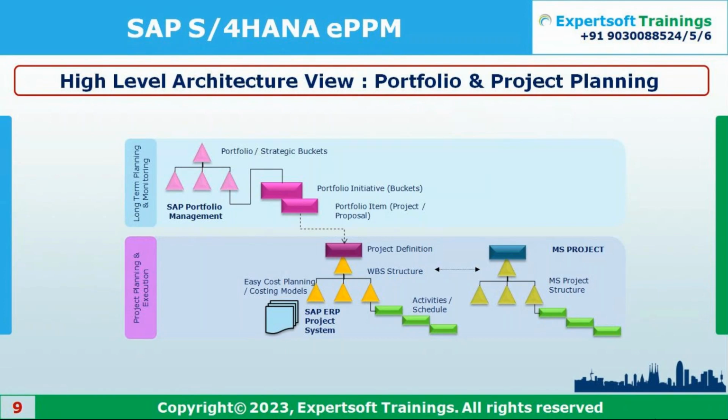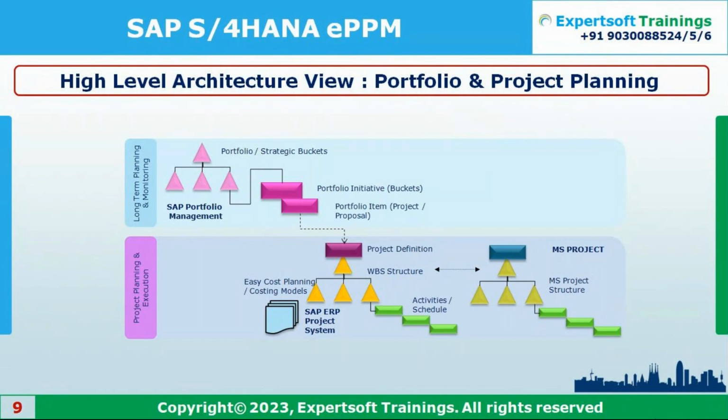Before that you have to do a lot of study. It can relate to environmental studies, technical studies, or financial studies. These types of studies we have to conduct, and that can be a single project or multiple projects.